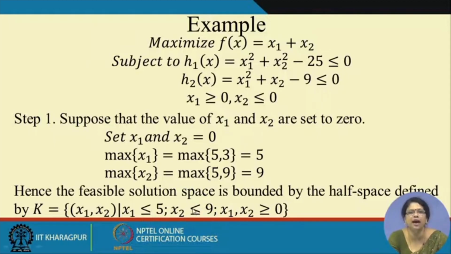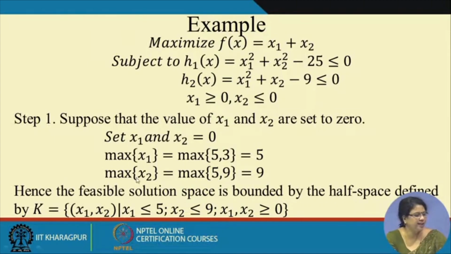Then we will have a rectangle. That rectangle will be the bounding rectangle which contains the whole feasible space. Is that clear? After that, our target is to put cutting planes one by one within that space.